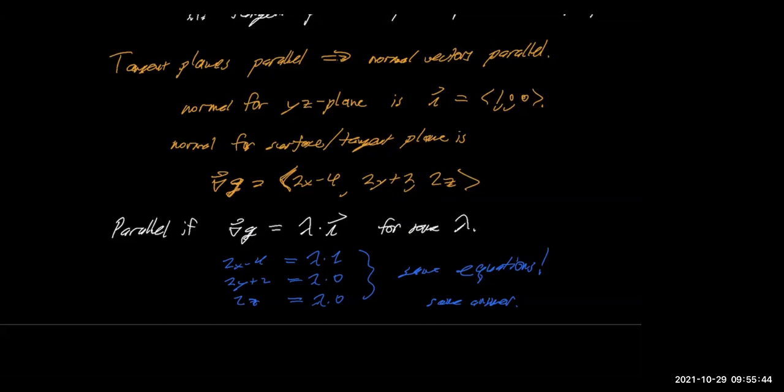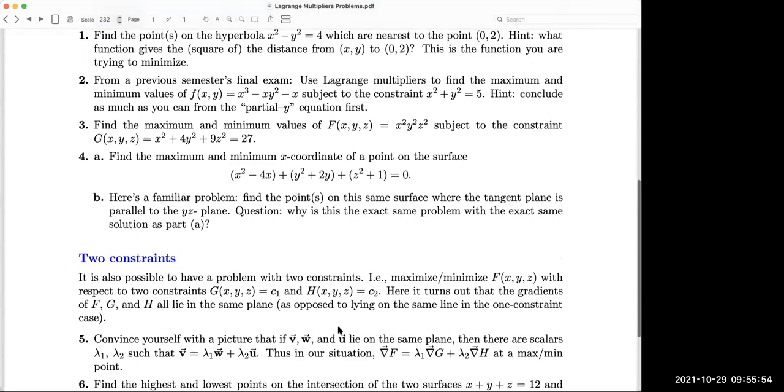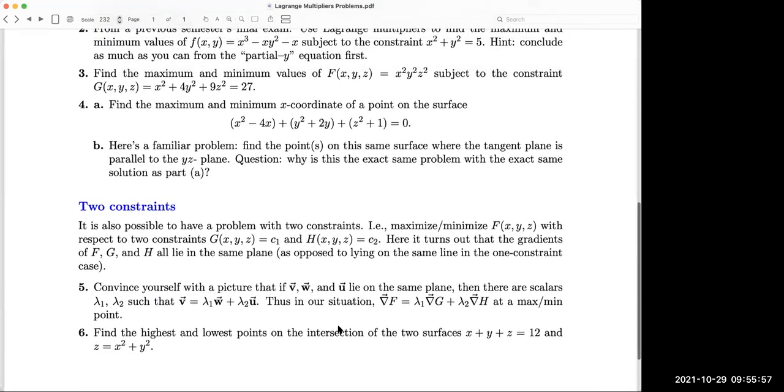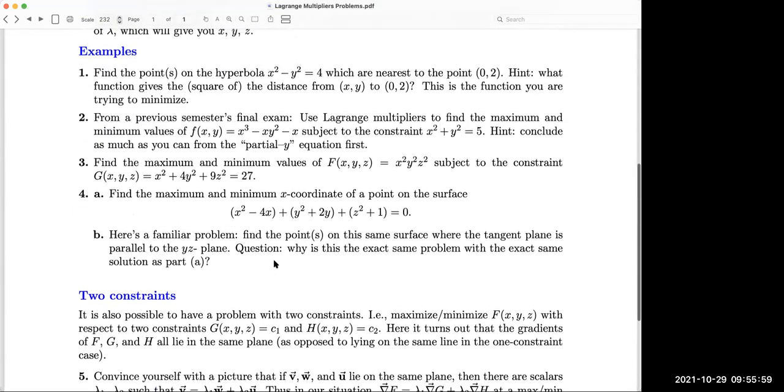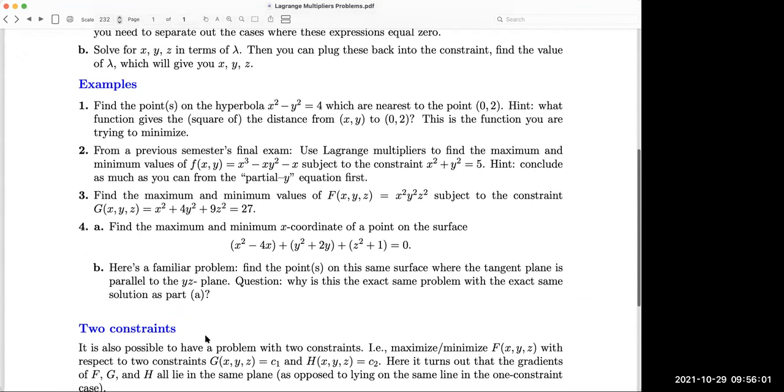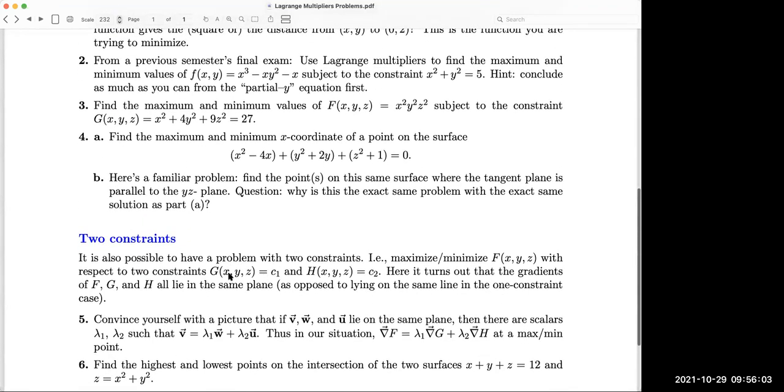Okay, so maybe just one last thing. If I go back to this, this is not in the textbook, but I kind of like it: you can actually do a two-constraint Lagrange multiplier. I want to maximize or minimize some function with respect to two constraints.